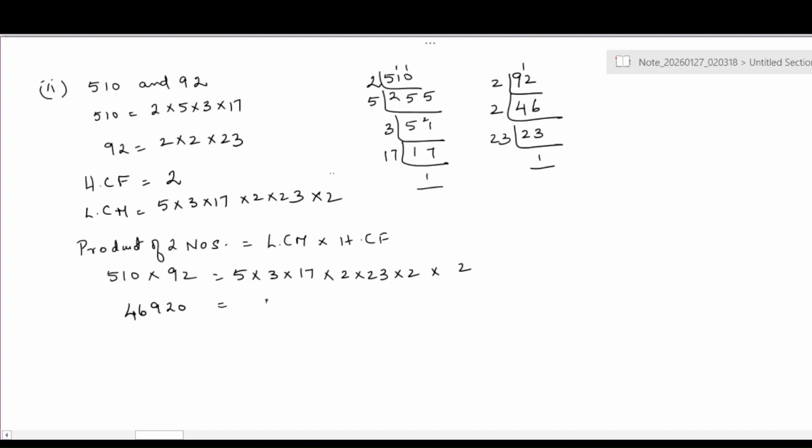This will be 46,920. Now hence proved, product of two numbers is equal to LCM into HCF. Okay, we'll move on to the next sum.